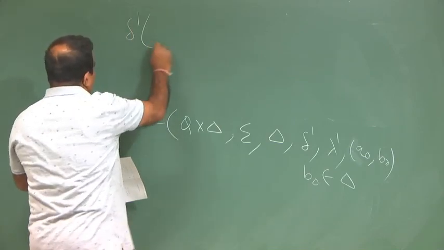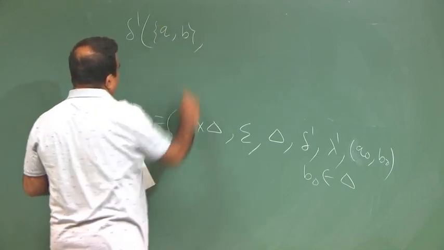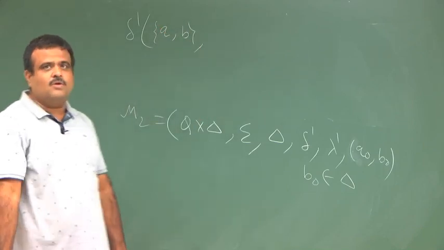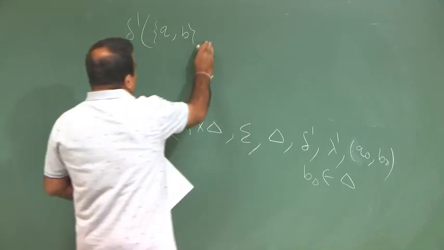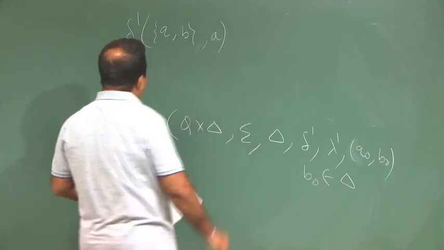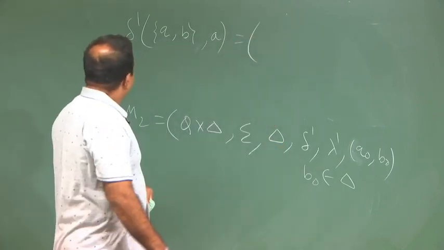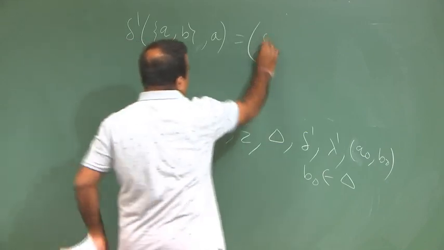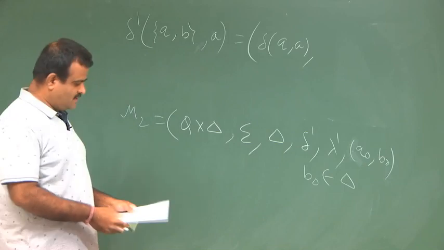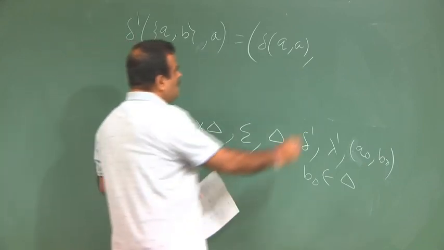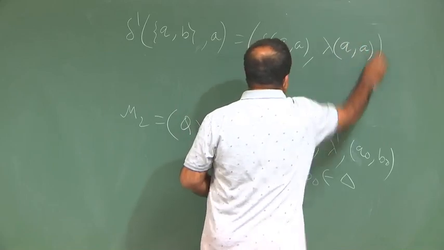Delta prime of a state of the form q comma b, with input a, because the state set is a Cartesian product, goes to the pair where the state changes to delta of q comma a, and the output is lambda of q comma a.